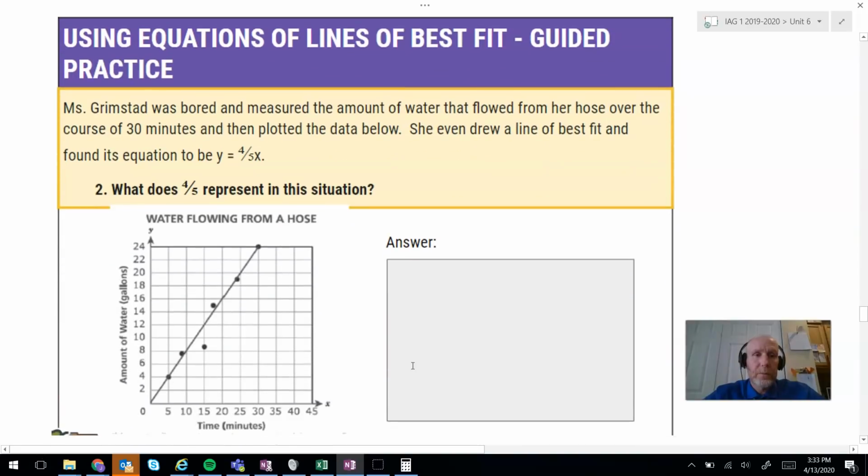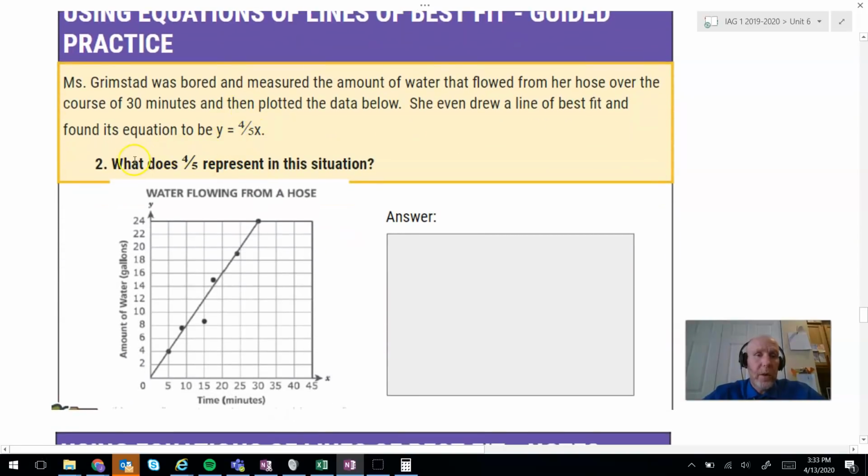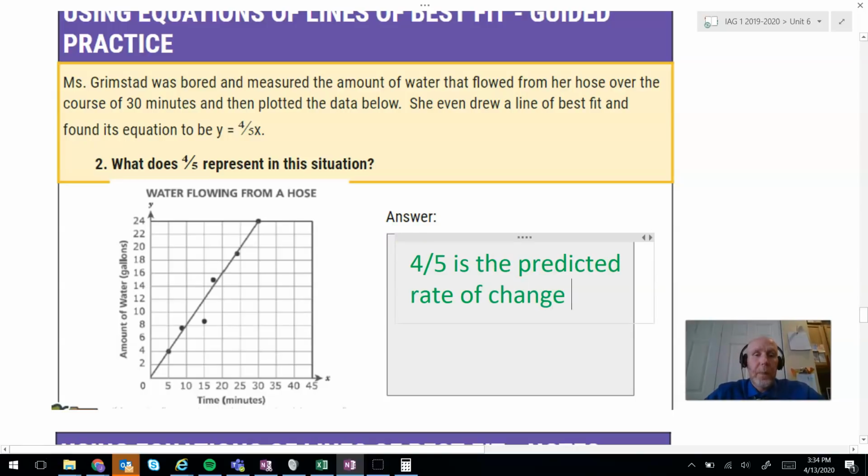Okay, so same situation up here, but the question is now asking us, what does 4/5 represent in this situation? 4/5 is right in front of the x, so it does represent the slope, but we want to be a little bit more specific here, and we want to say 4/5 is the predicted, make sure that word is in there, predicted rate of change of, and then you put the y variable per the x variable. So the y variable is gallons per minute.